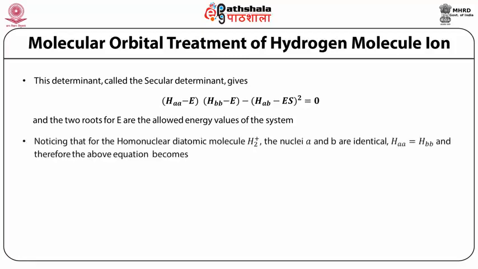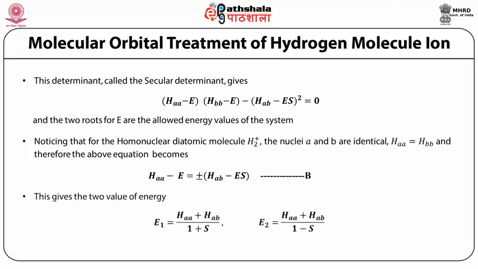Notice that for a homonuclear diatomic molecule like the H2 plus ion, the nuclei A and B are identical. Therefore, HAA is equal to HBB, and the above equation is written as HAA minus E is equal to plus or minus (HAB minus ES), and this gives two values of energy.